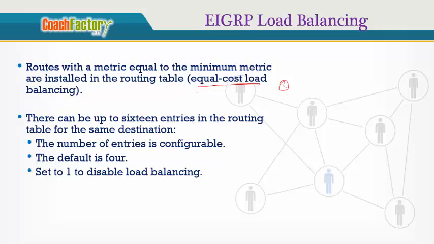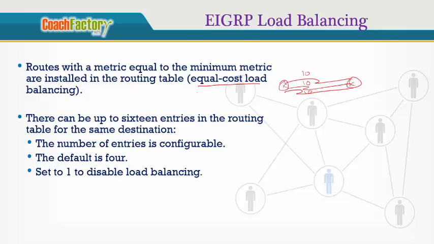For example, we've got two routers, and we've got multiple connections over here. So every connection, for example, has the same cost, the same metric, the same value. Then what is the EIGRP router going to do? It is going to load balance all these three connections.